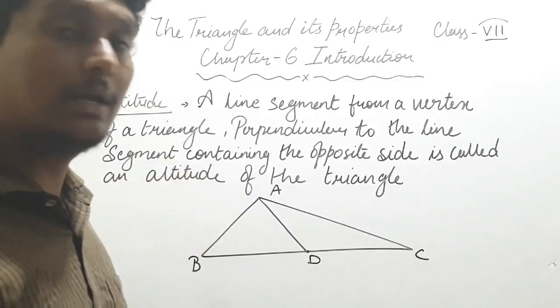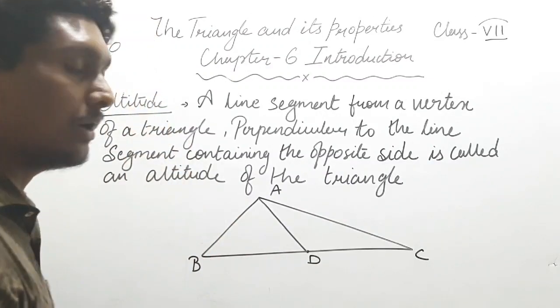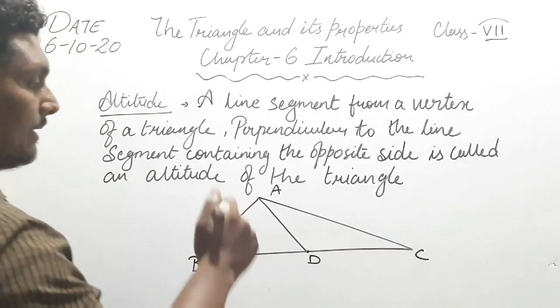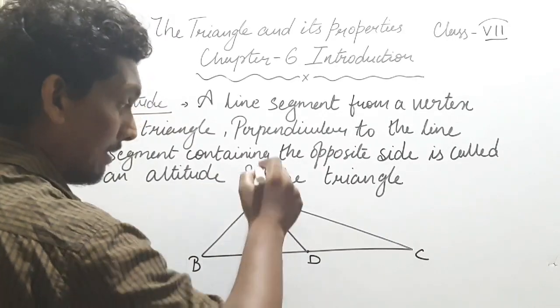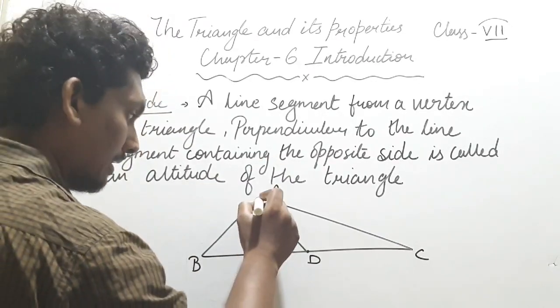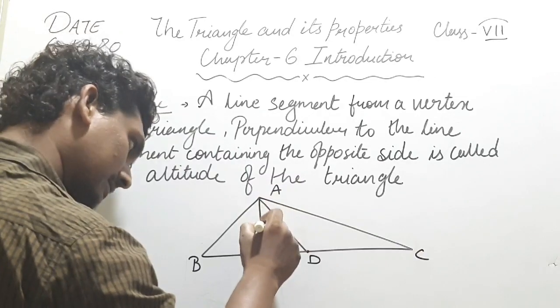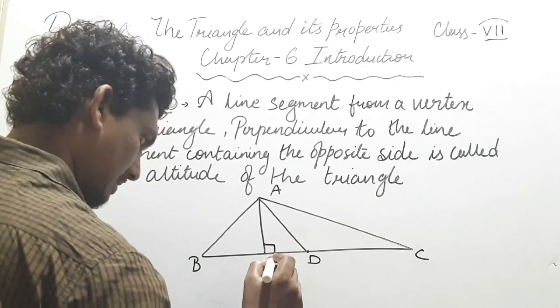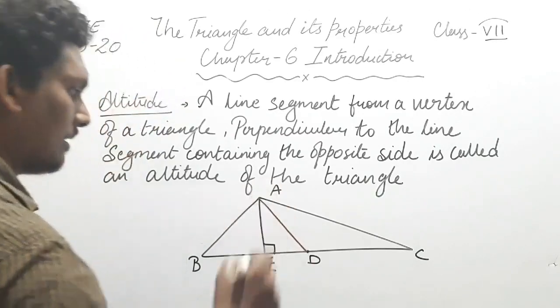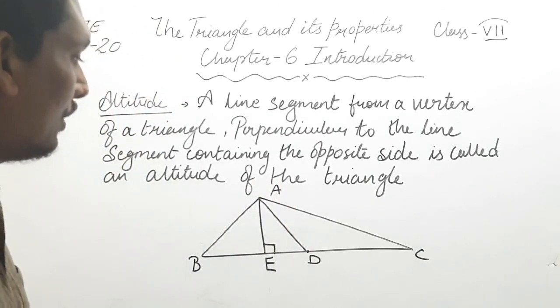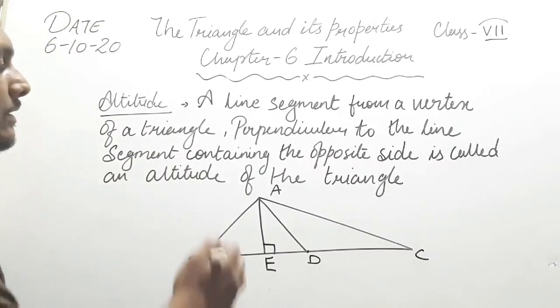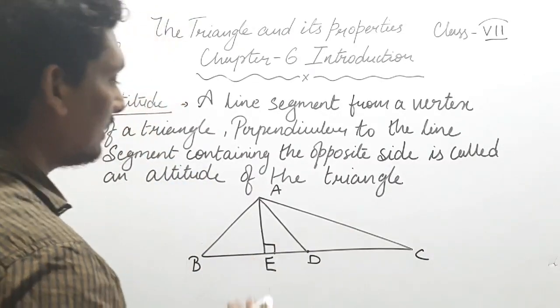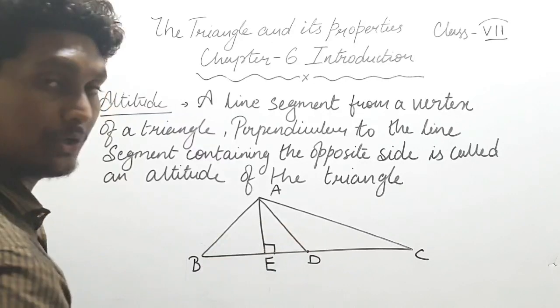And now we are talking about the altitude. Altitude is basically the perpendicular we are talking about, so it will come like this, a straight line to E. In this way, in one figure we can see the median and the altitude.